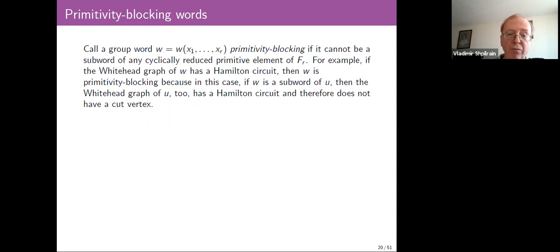For example, if the Whitehead graph of W has a Hamilton circuit, then W is primitivity blocking, because in that case the Whitehead graph of W does not have a cut vertex or an isolated edge, and therefore the whole Whitehead graph does not have a cut vertex.